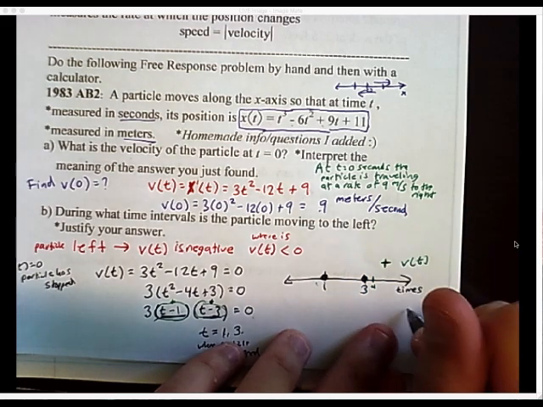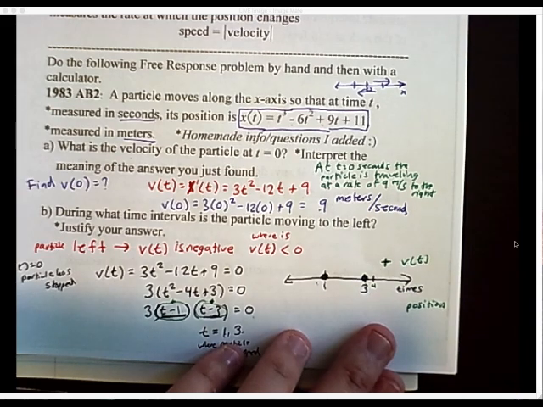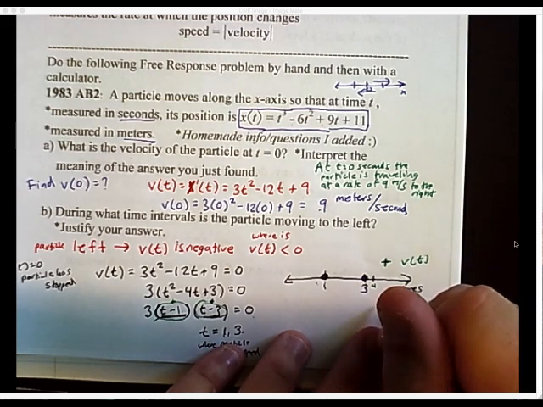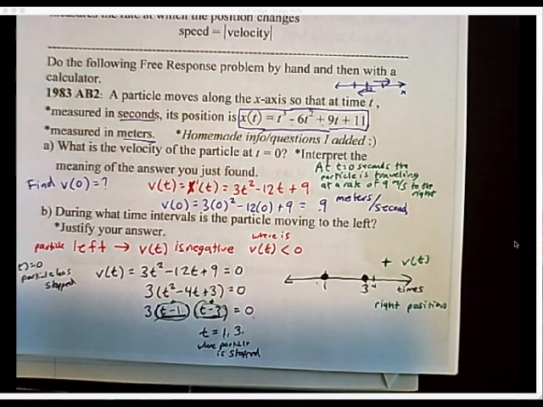What does that mean about my position? Since my velocity is positive, I just put a plus sign, and my position is moving to the right, because if velocity is positive, it means it's moving to the right. So the particle is moving to the right.